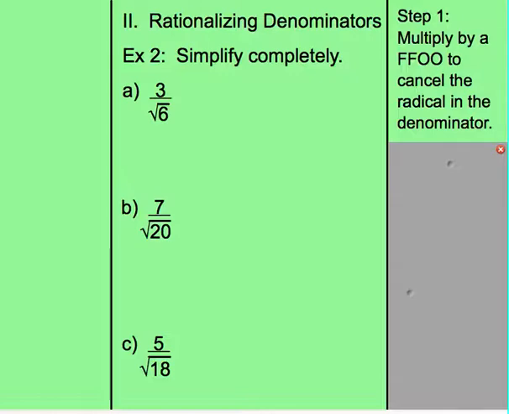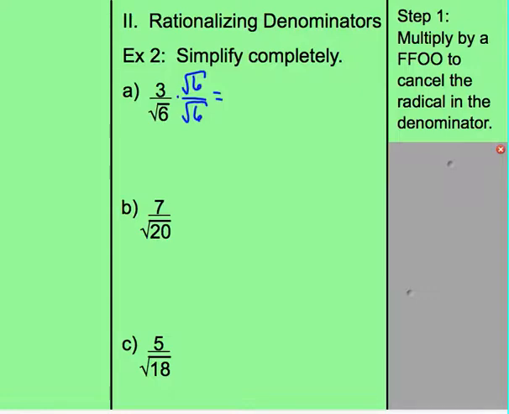Well, where do we come up with this fancy form of 1? It's the radical in the denominator, because when you multiply a square root by itself, the square roots end up canceling. So I'm going to multiply by the square root of 6 over the square root of 6. And I'm going to show you this the long way just once so that you know why those square roots cancel. So multiplying fractions, we multiply straight across.